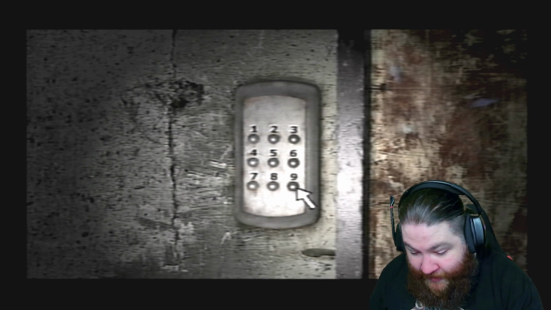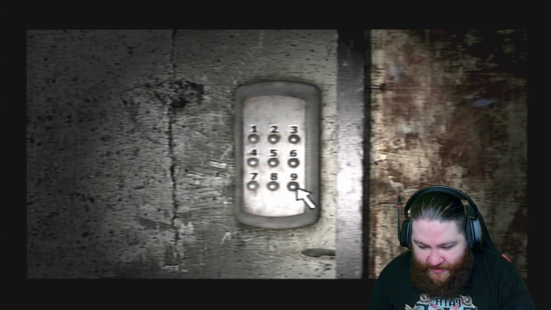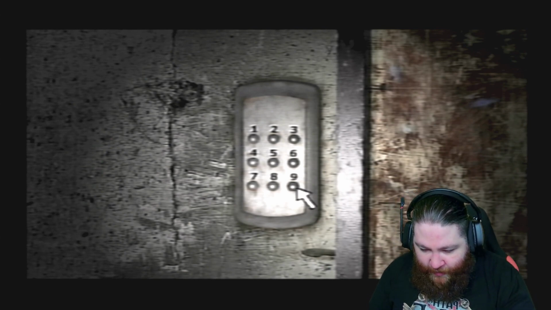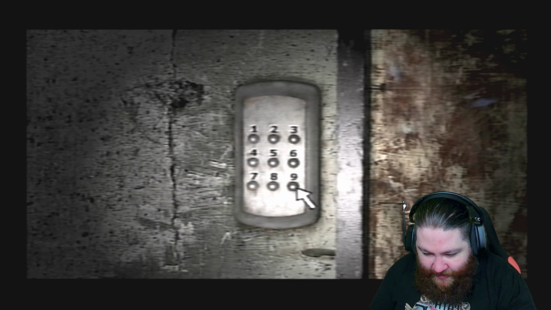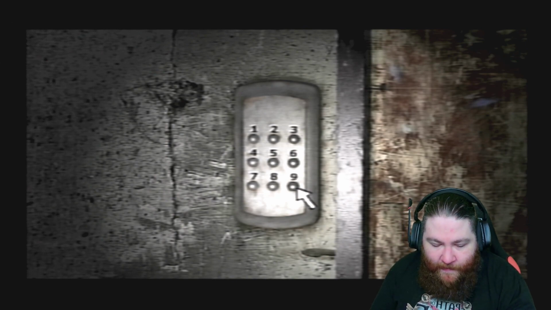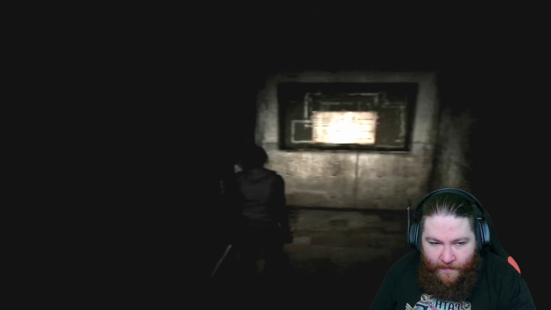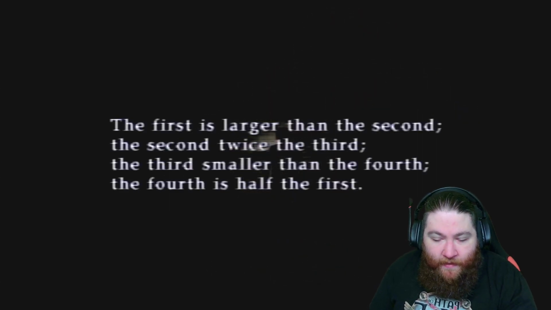Problem is I might be overthinking this. I have this problem where when I look at puzzles, I tend to overthink them. So there's probably a much simpler solution to this than I'm thinking. But versus large, yeah, that one we've got nailed.